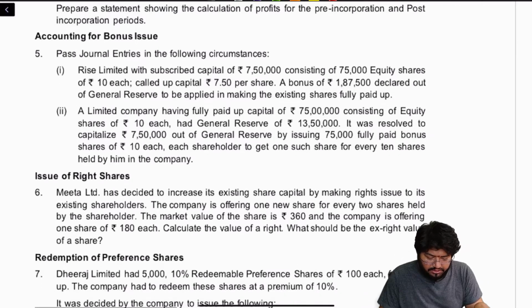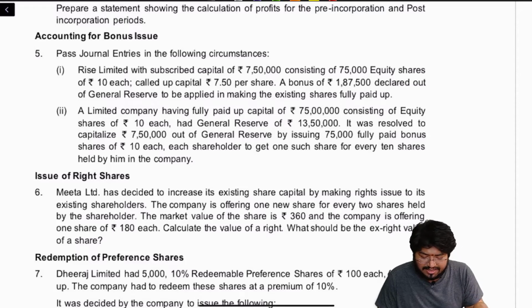Now, the next question is about bonus shares, bonus issue. He is asking us to write journal entries. Let's see what they are. Rise Limited with subscribed capital of 7,50,000 consisting of 75,000 equity shares of 10 each, called up capital 7.5 per share.